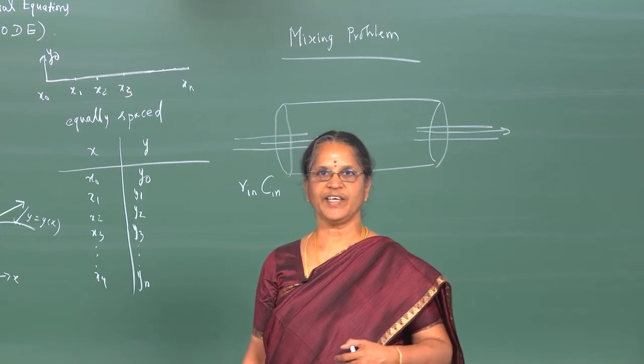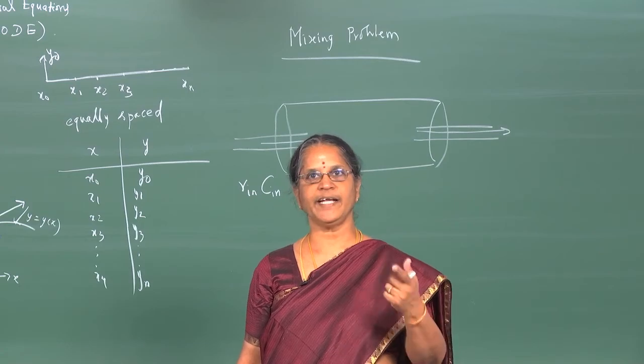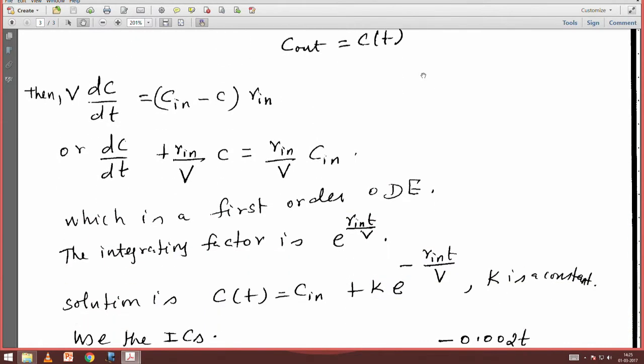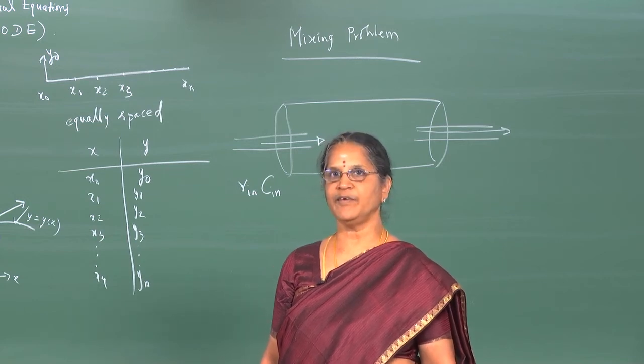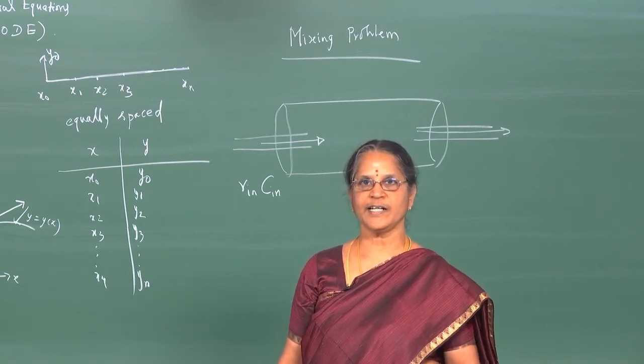So, we get V into dC by dt, V is constant. d by dt of m, where m is C of t into V, gives us V into dC by dt, and that will be equal to C in minus C multiplied by R in. Just arranging these terms, you end up with a first order differential equation for the concentration C, namely dC by dt plus R in by V into C equal to R in by V into C in.